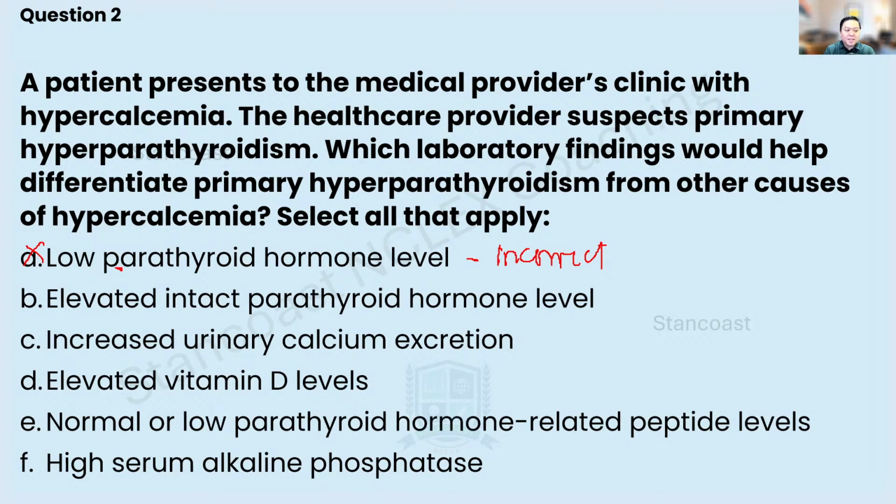Again, we are talking about a patient that has suspicion of primary hyperparathyroidism. So if you are selecting this low parathyroid hormone level, this is indicating that the hypercalcemia in this patient is caused by non-parathyroid conditions. It could be caused by malignancy, maybe myeloma.